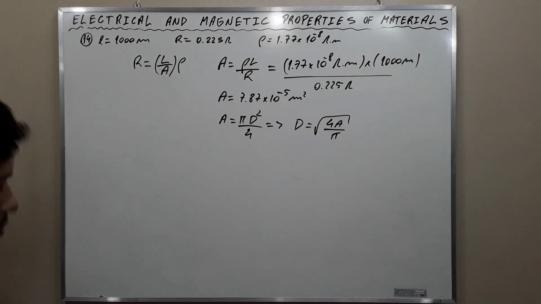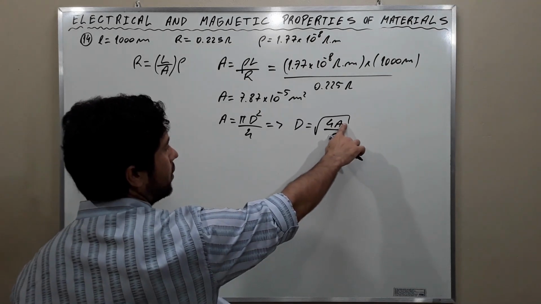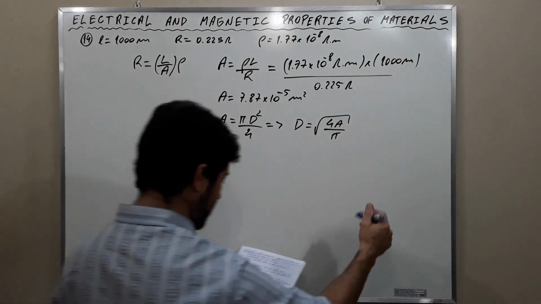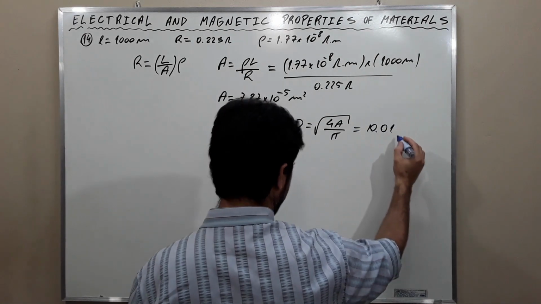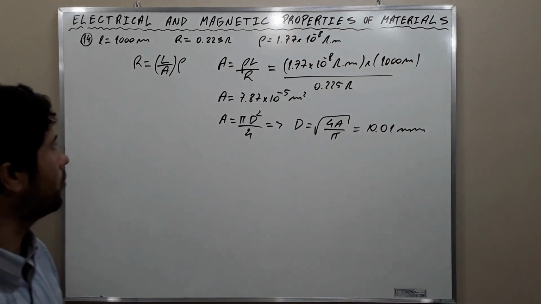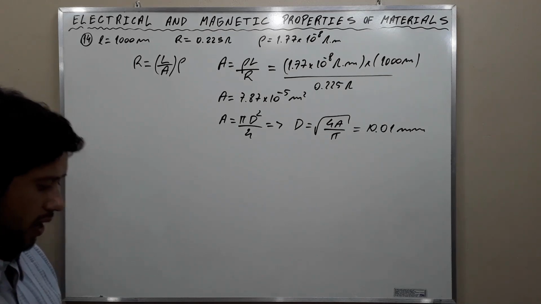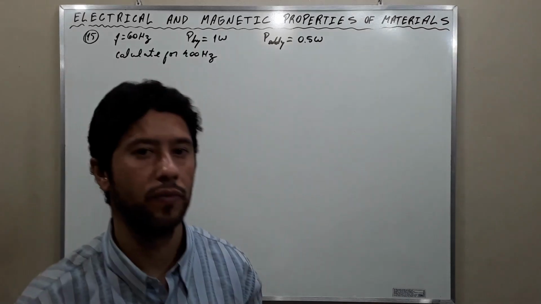Using the values, applying this value here, pi we know, we find that it is equal to 10.01 millimeters. Okay, this is all very simple. This is all for exercise 14. Let's go to exercise 15.